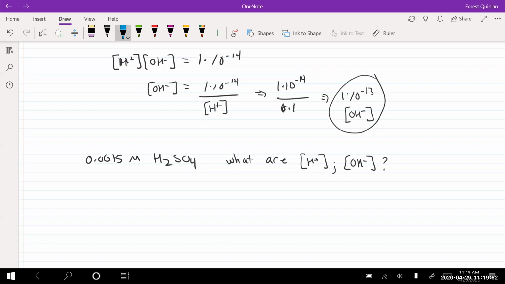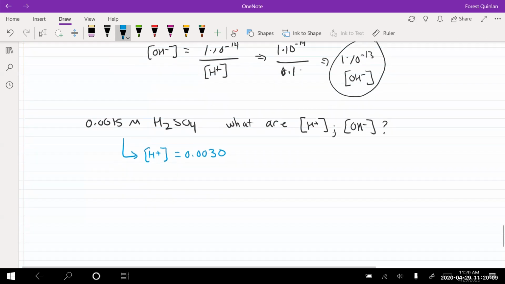Let me go ahead and get both. Well, straight away, hopefully you can tell me what the H plus concentration is here without any math. 0.0030. There you go. Nice. So now all we have to do is get the OH.